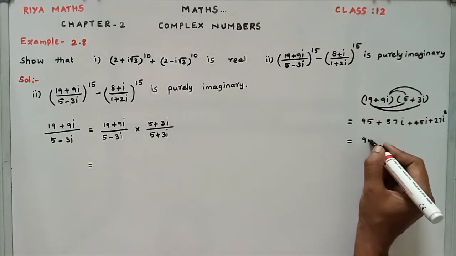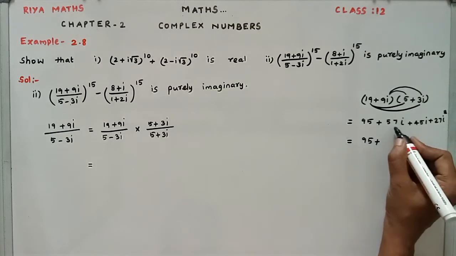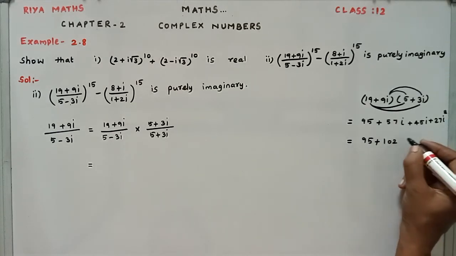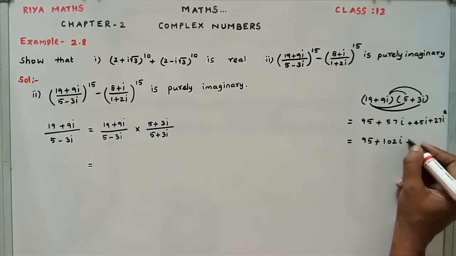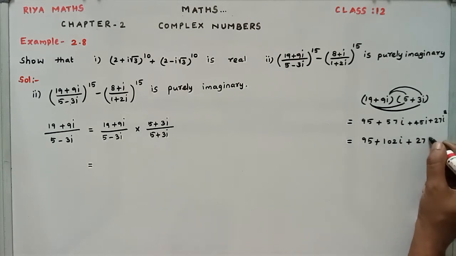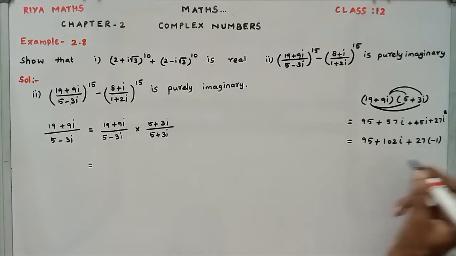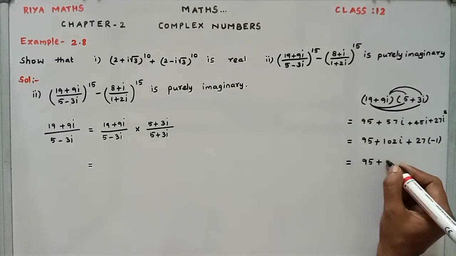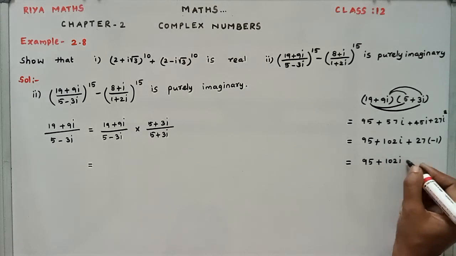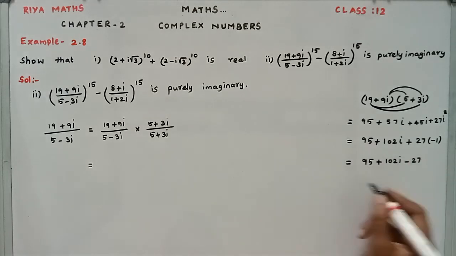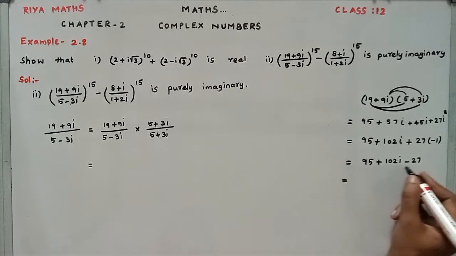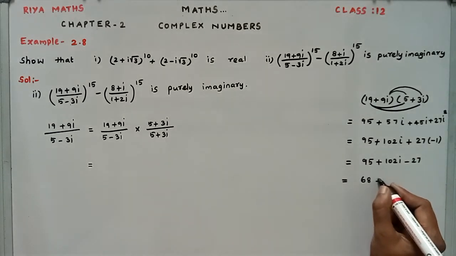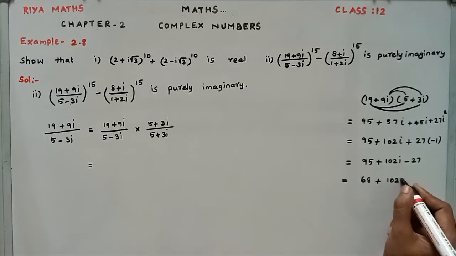So 95 plus 57 plus 45 as 102i, plus 27 i squared, and i squared is minus 1, which is 95 + 102i − 27. 95 minus 27 is 68 + 102i.